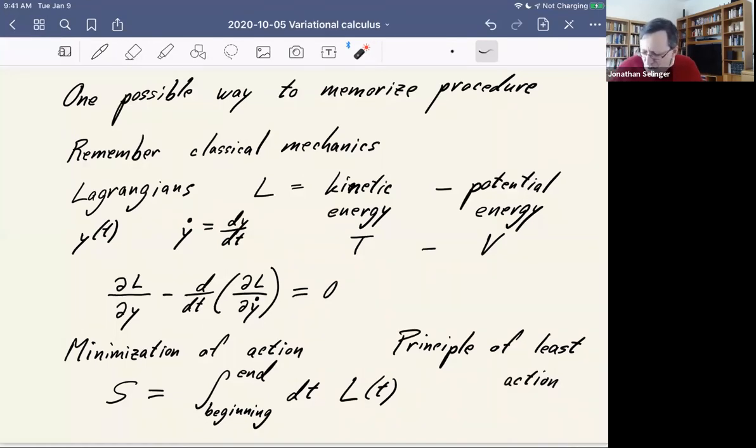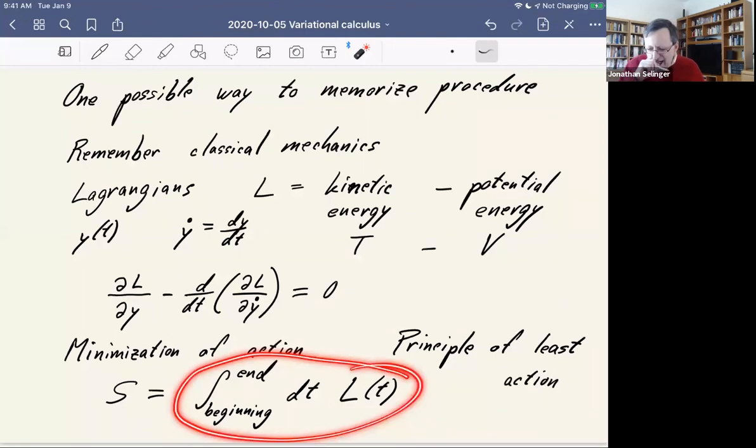Maybe you ask, why does classical mechanics minimize the time integral of the Lagrangian? I'm not going to answer that one. There's some profound work of Richard Feynman, which is like a quantum mechanical explanation of that, but that is way beyond the scope of what I'm doing. You can just take it on faith that classical mechanics minimizes this thing.